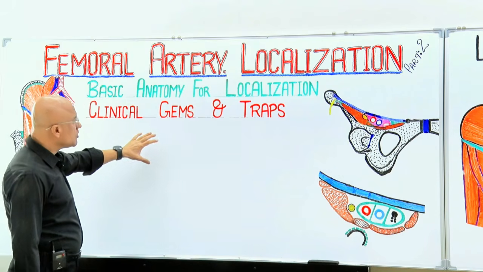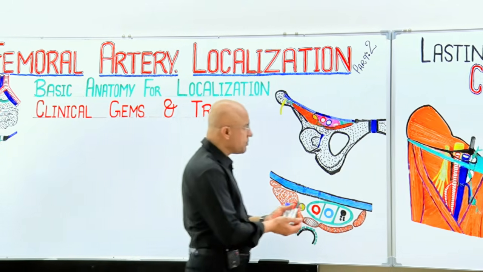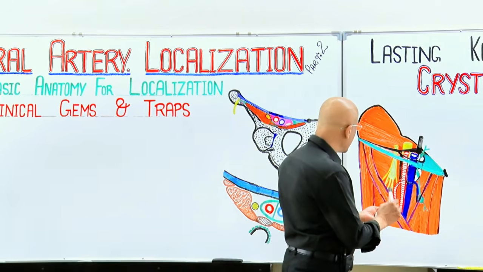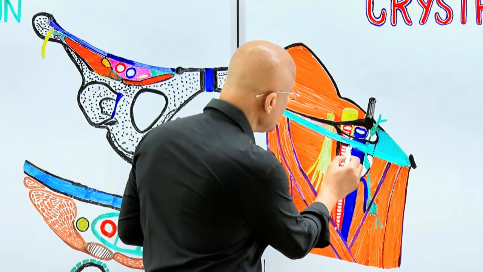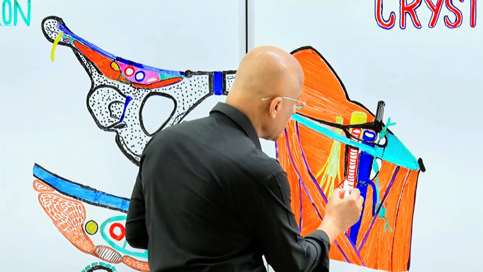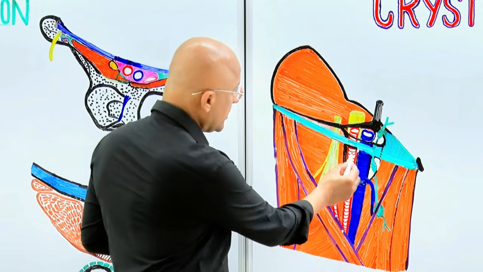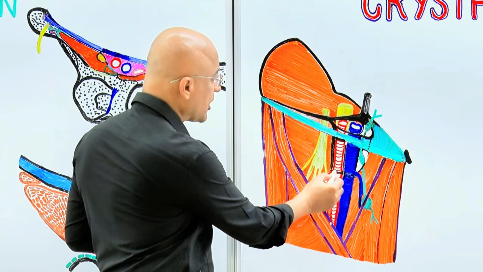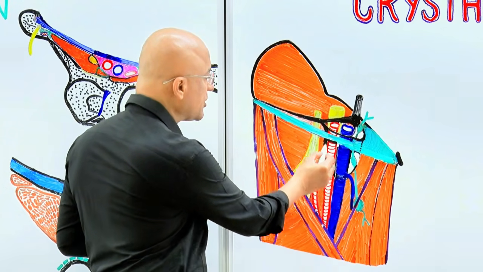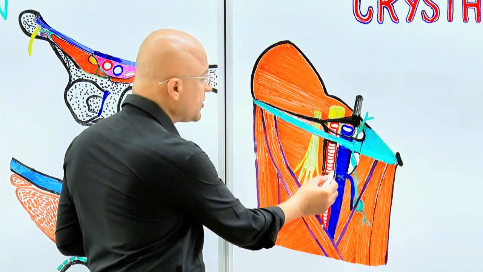Now, we also discussed that this part of the femoral artery, which starts just below the inguinal ligament and before the bifurcation, this segment is the golden segment of the femoral artery, or this area is the golden area. Why is this area the golden area?